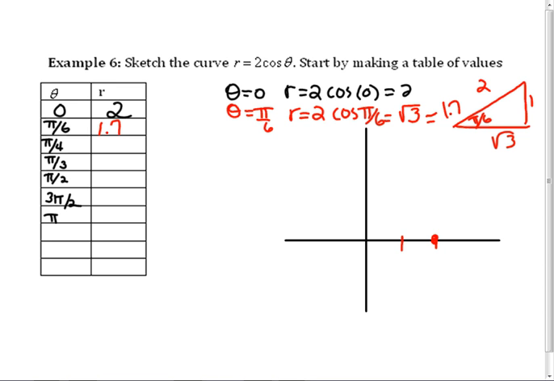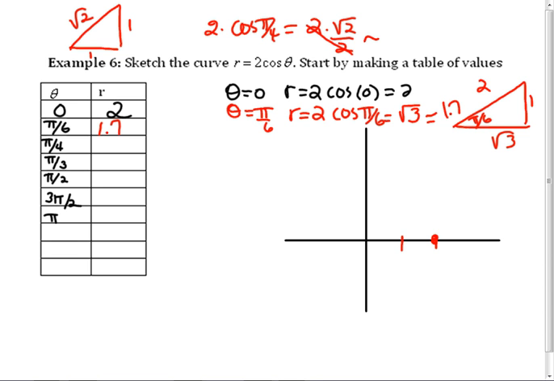How about pi over 4? Okay, so this is going to be 2 times the cosine of pi over 4, which is 2 times, well, okay, you've memorized that one? Okay, and this is why it actually works out nicely to have it rationalized, if I don't have a calculator.